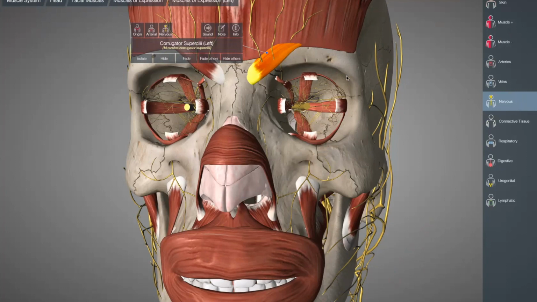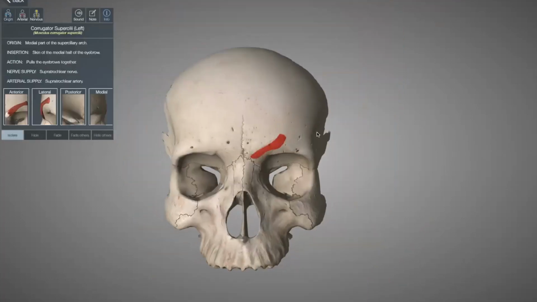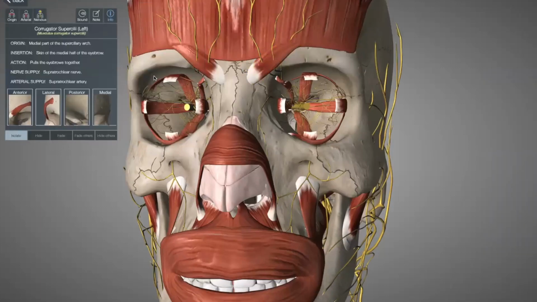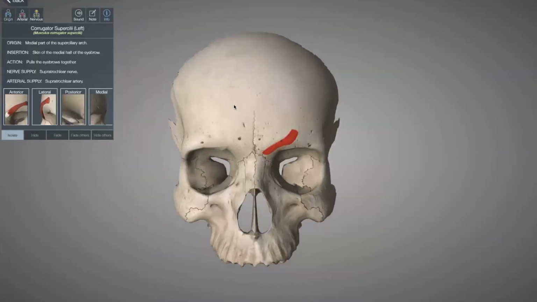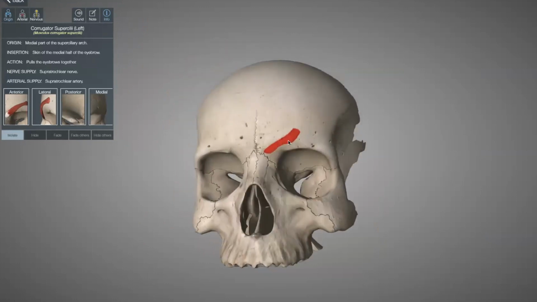Now we need to know the attachments, where it originates and where it inserts. Look, that's the corrugator supercilii. I isolated it and then asked it to tell me its origin and insertion, so you can see the course of it.